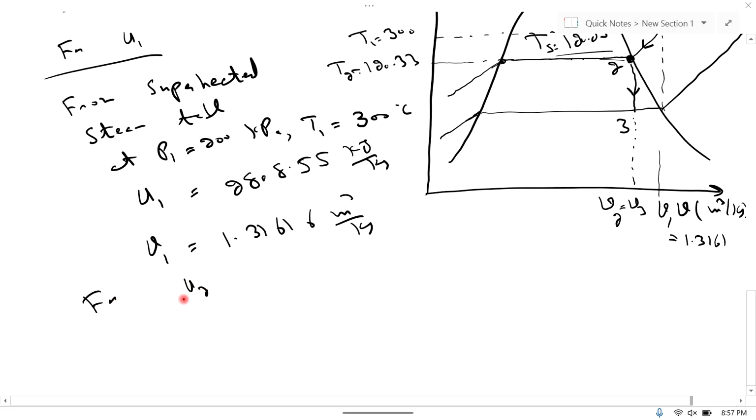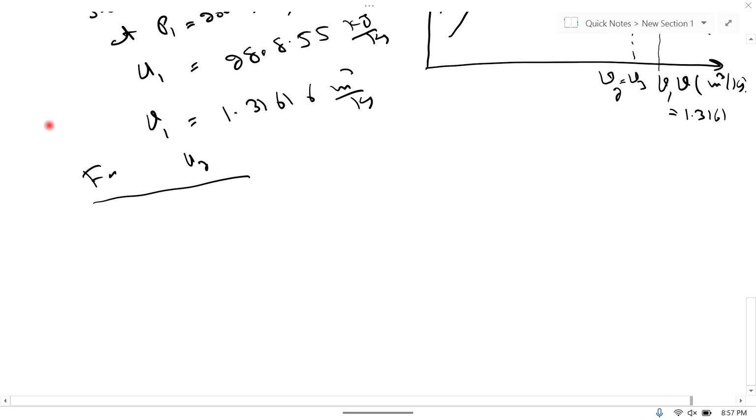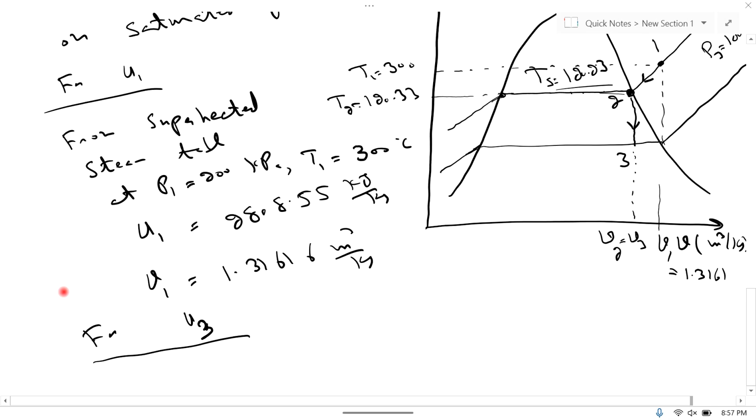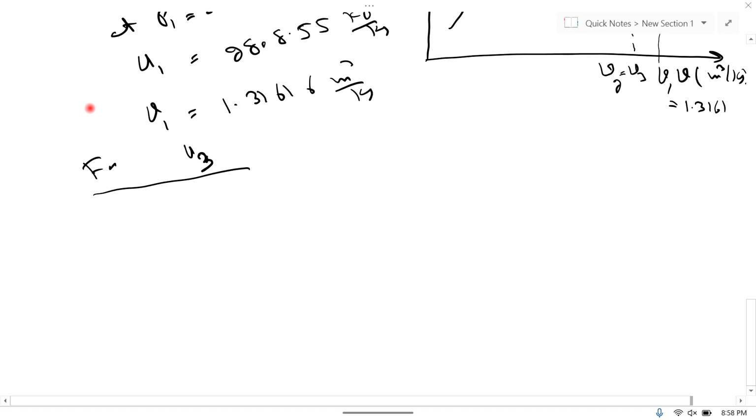For U2, first we find V2, because with the help of V2 and V3 we will find X3, and with the help of X3 we will find U3. This is U3 basically. We know that V2 is equal to Vg, because this is on the saturated vapor line.